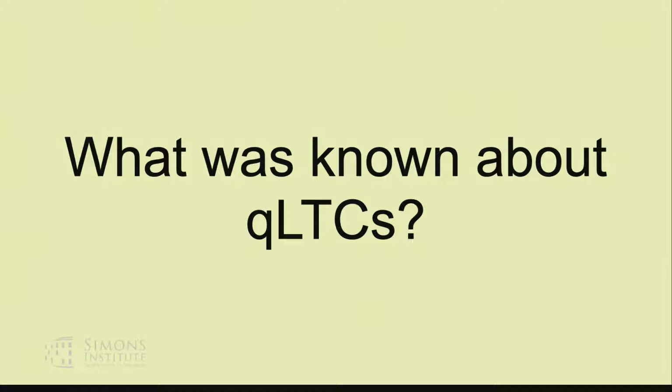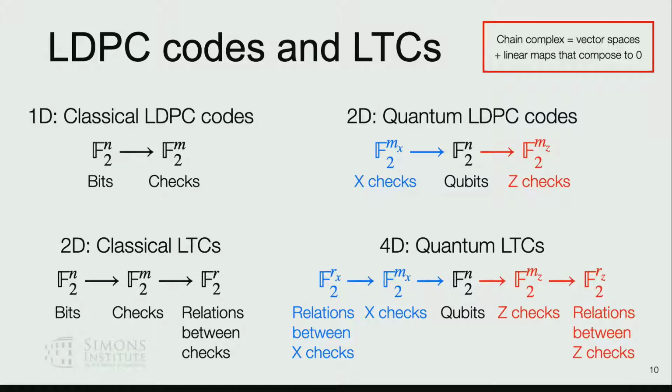Now we'll go into some history: what do we know about them? To understand these quantum locally testable codes, it's often helpful to know about their siblings, which include classical LDPC codes, quantum LDPC codes, and classical locally testable codes. What connects them all is the chain complex condition. Just to remind you, a chain complex is a bunch of linear maps that compose to 0.